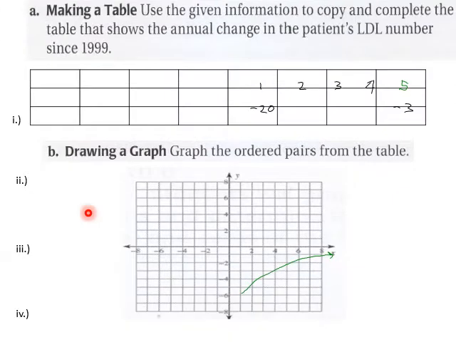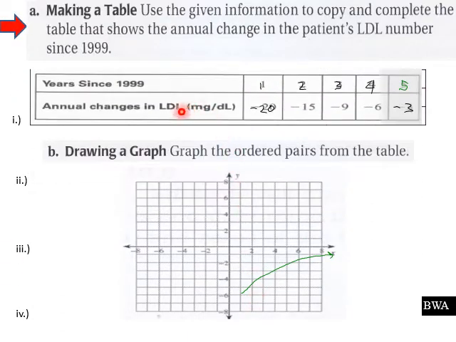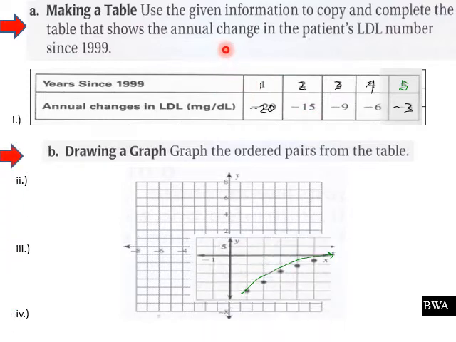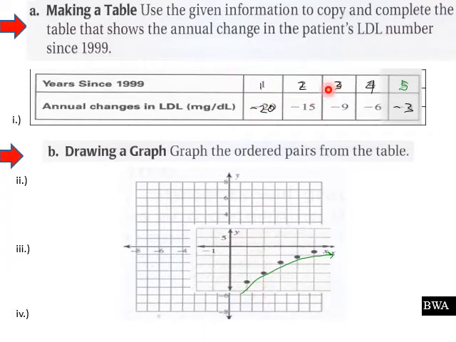Here is your table for the LDL cholesterol: -20, -15, -9, -6, -3 years since. So we have less LDL as we go. And then the graph here follows this plot.